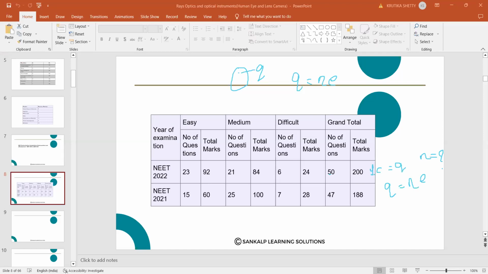What is E? E is the charge of the electron, and its value is E equal to 1.6 into 10 to the power of minus 19.